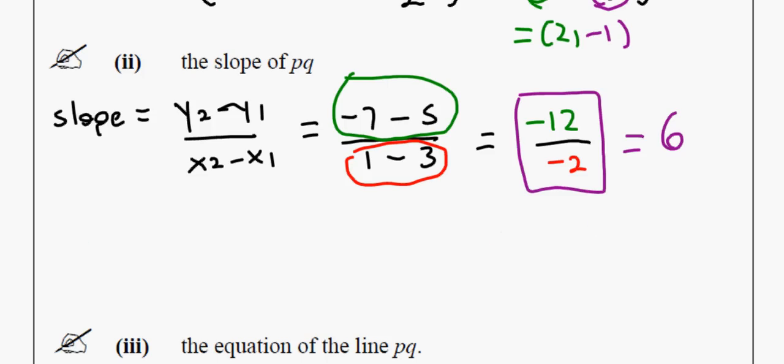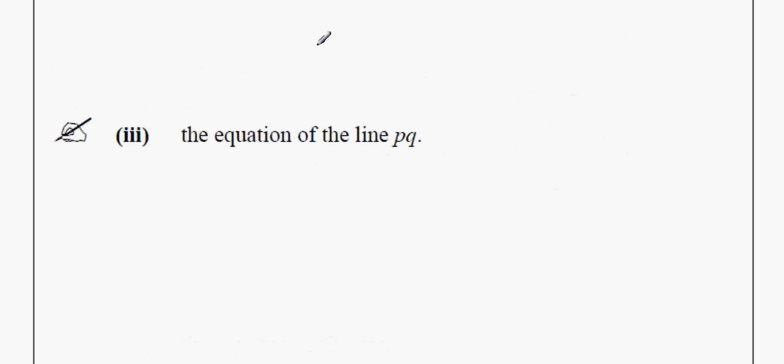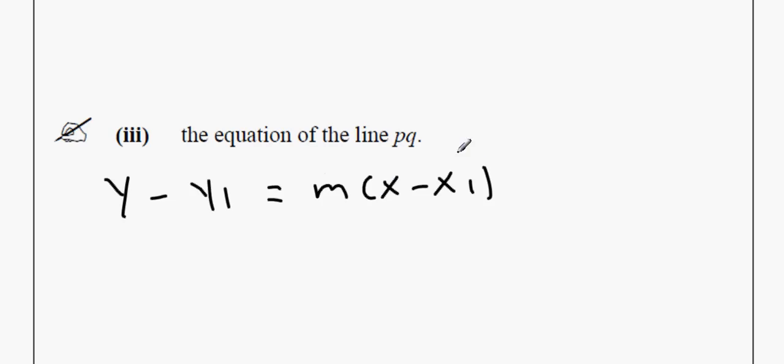You're asked to find the equation of the line PQ. The equation of the line formula is y minus y1 equals m times x minus x1. What I told you at the start is that the y and the x are protected, you never change them. And what we know is that our point x1, y1 is 3, 5.